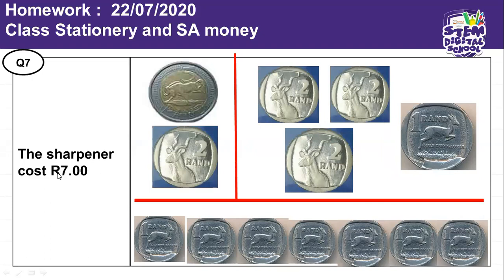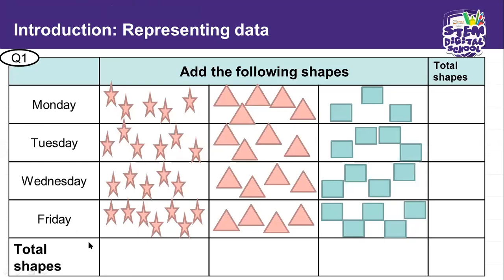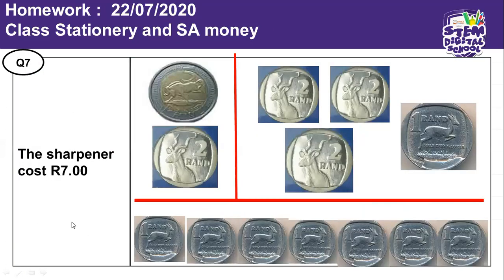There we get our sharpener. Or you can just use 1 rand coins. 1, 2, 3, 4, 5, 6, and 7. So those are the different ways that you can use to pay. The main reason here is so that you can be able to manage the money that you have.